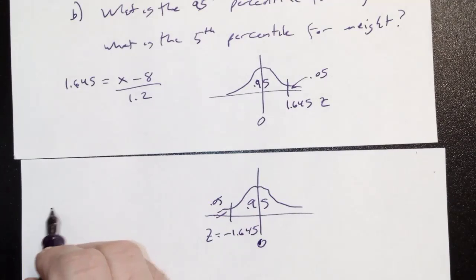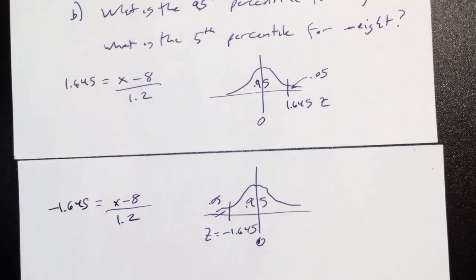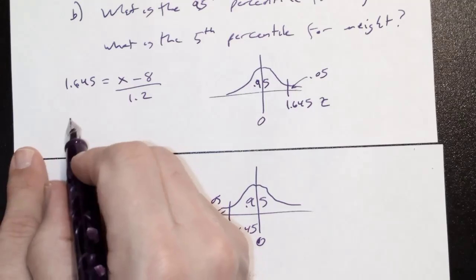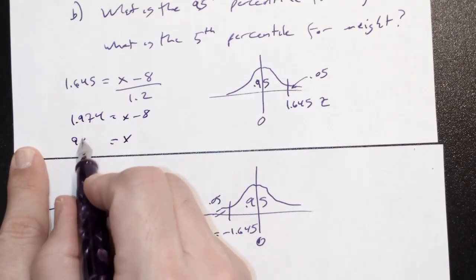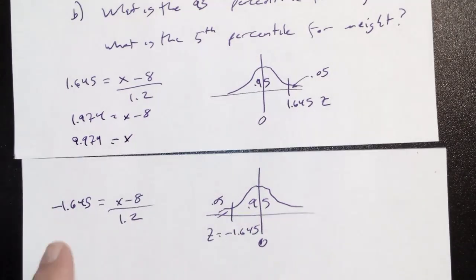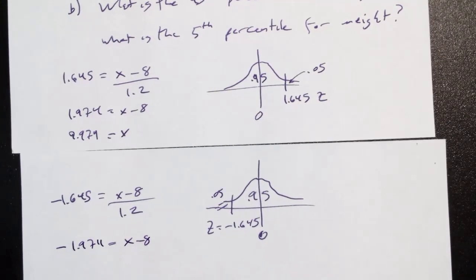Then notice what happens. In that top calculation, when I multiply 1.645 times 1.2, I get 1.974. So x is 9.974 pounds. Here, when I multiply, I get x minus 8 is negative 1.974. So when I add 8, I get a number that's lower than 8.